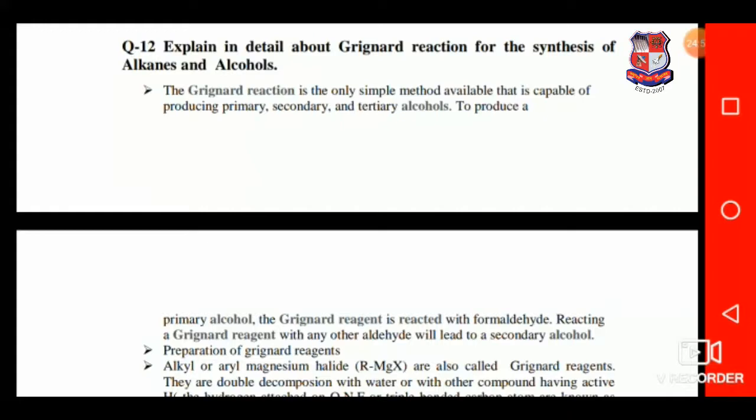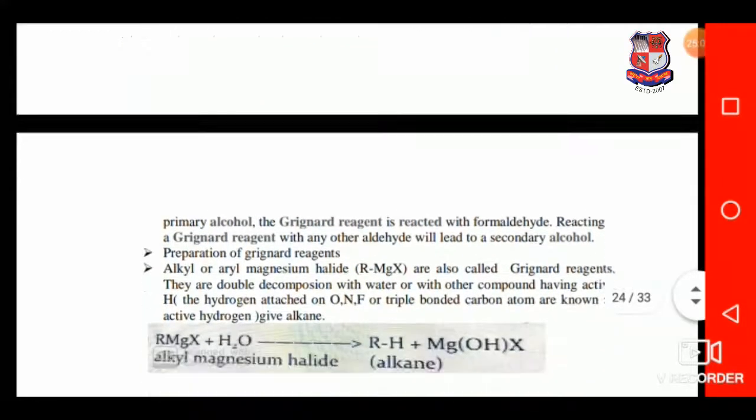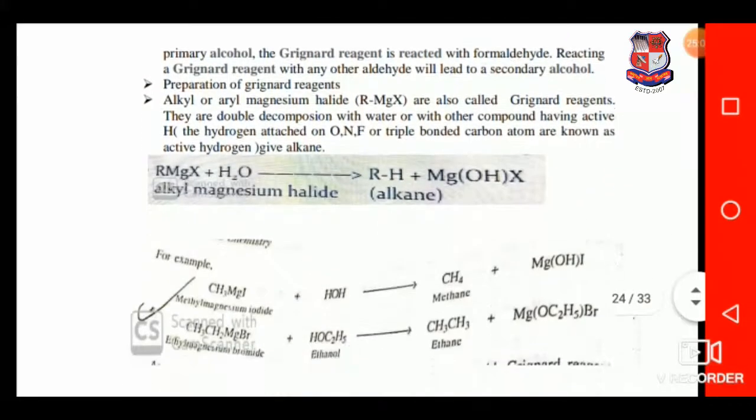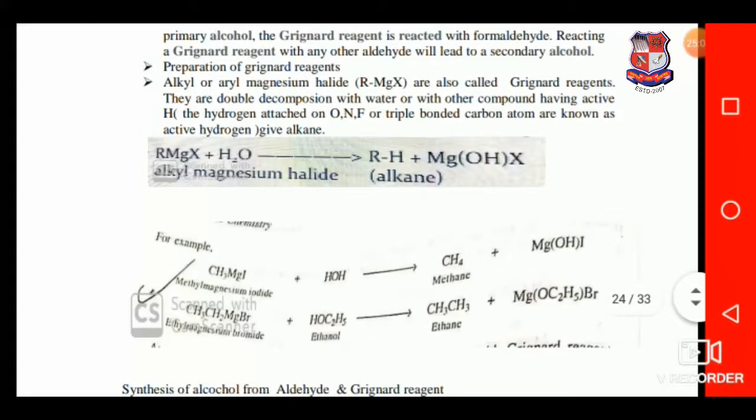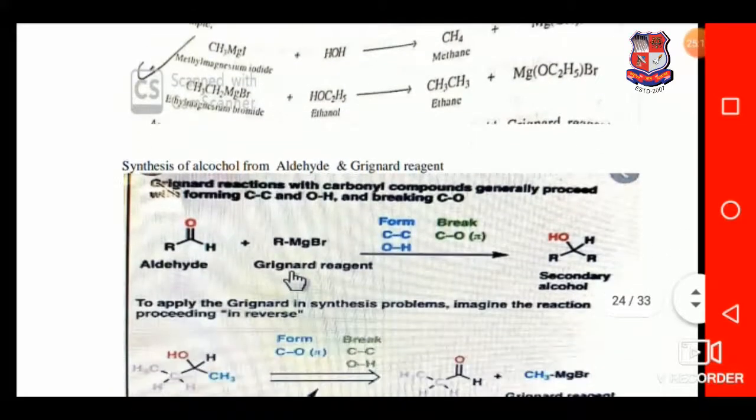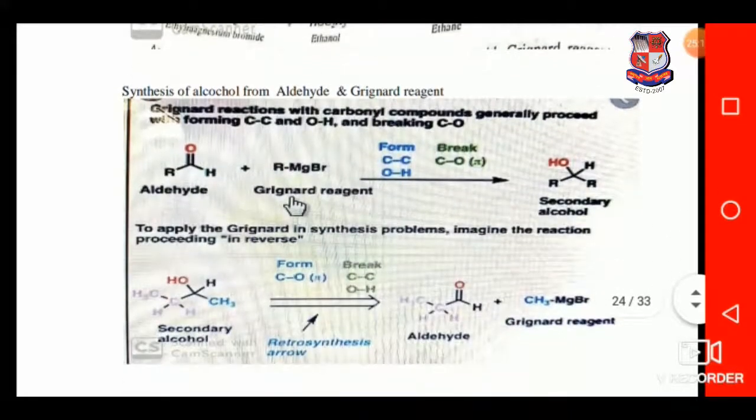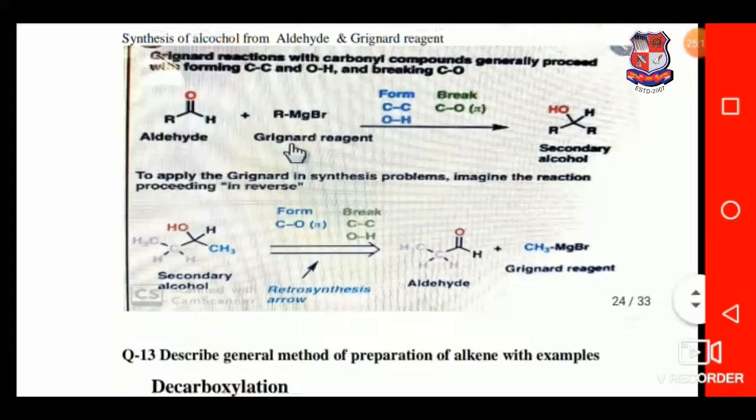So they are capable of producing primary, secondary, and tertiary alcohols. This is an example involved in that. In that, alkyl magnesium halide is used for the formation of alkane. This is the synthesis of alcohol from aldehydes in Grignard reaction.